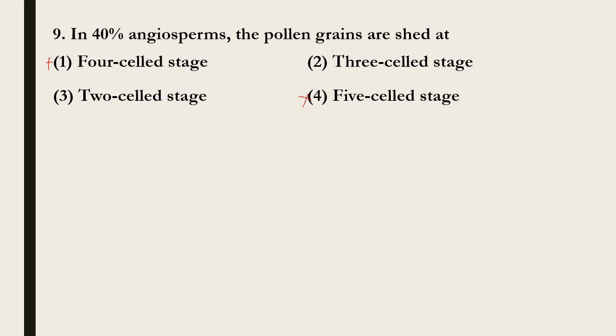We already know that in 60% of angiosperms, the pollen grains are shed at the 2 cell stage.